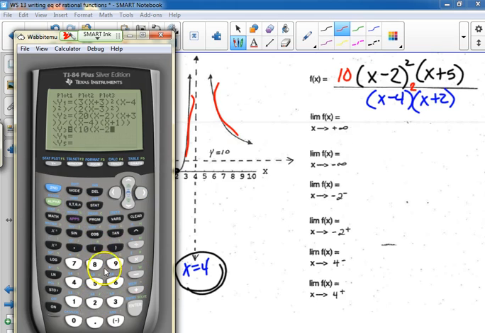X minus 2 quantity squared x plus 5. X minus 4 quantity squared x plus 2.